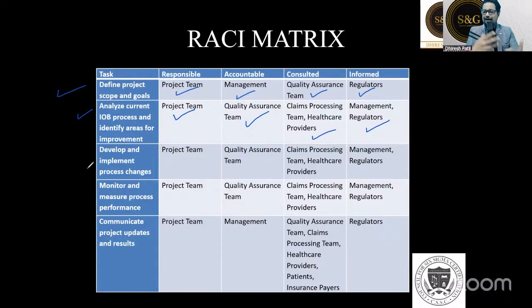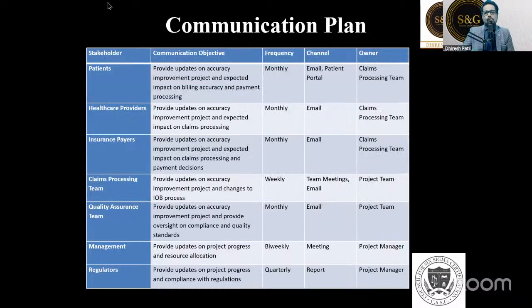So different regulators are there for the various industries. So this is called the RACI matrix: responsible, accountable, consulted, informed. Yes, DGCA for aviation. Perfect. Fantastic. So these are called regulator authorities.